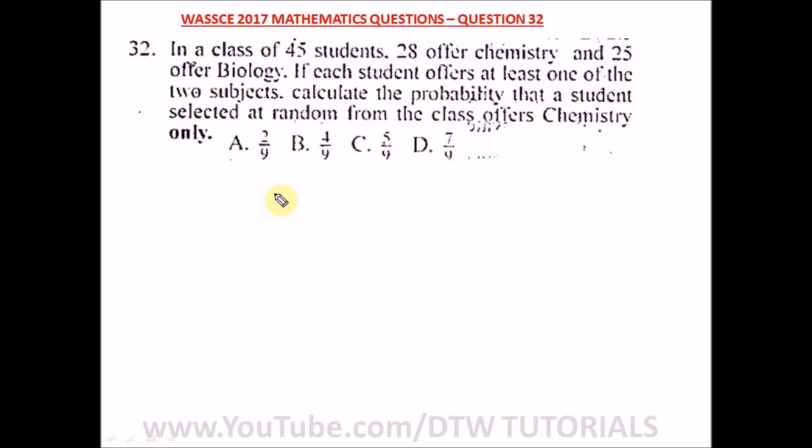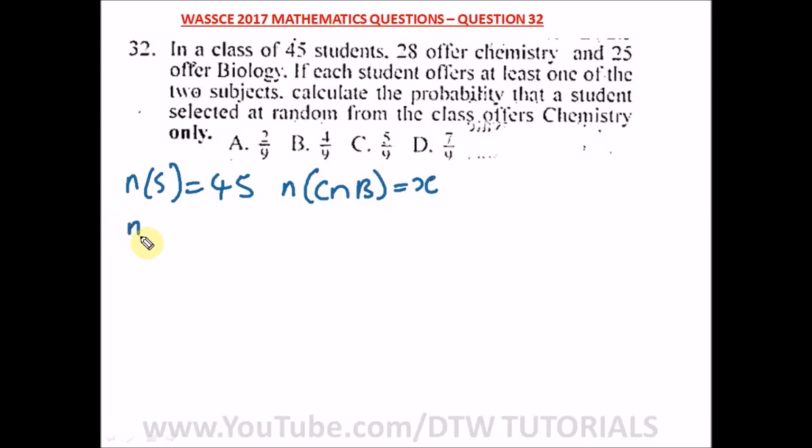So from here, let's get out some parameters. The total number of class students is 45. Let the number of students that offered both chemistry and biology be X. So C intersection B is equal to X.